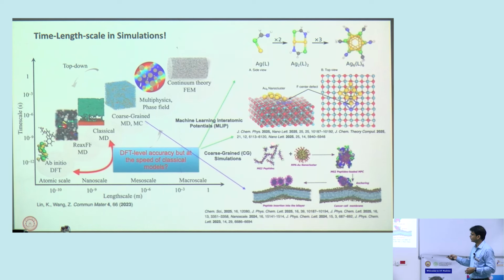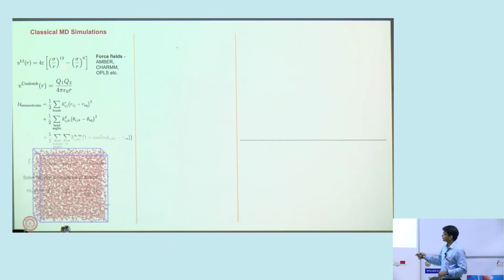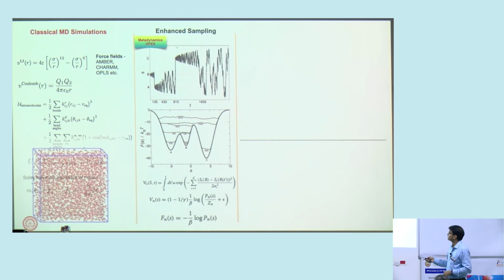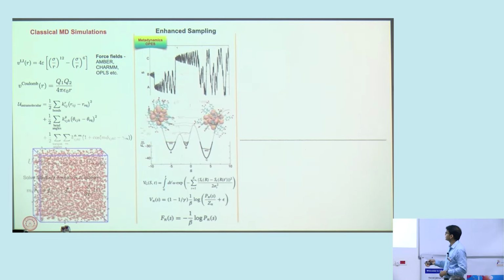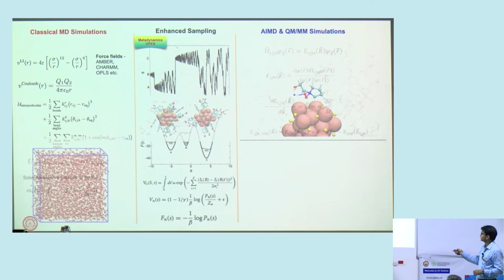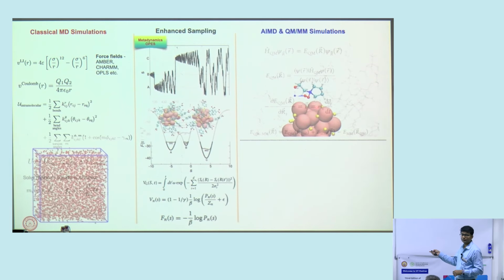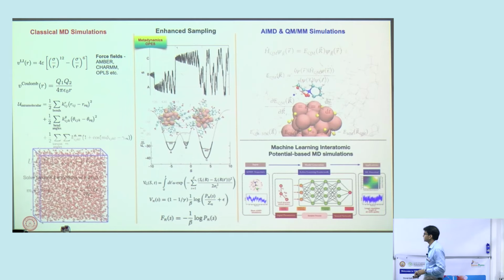How does a drug molecule like this, a peptide based drug, get delivered to the cell membrane? These are the things I will be discussing in the next 15 minutes or so. Again, the summary: normal molecular dynamics and enhanced sampling, you go back and forth. You can study the self-assembly process, apply quantum mechanics to study catalysis happening on a nano surface, and you can use a neural network to do a lot of interesting things.